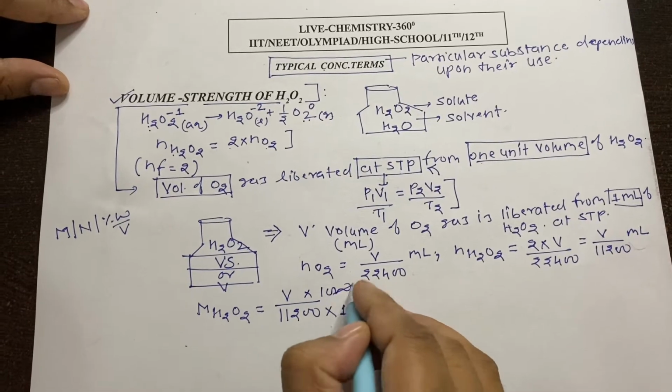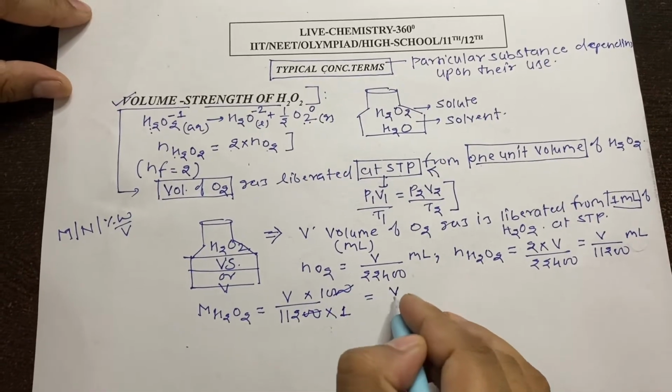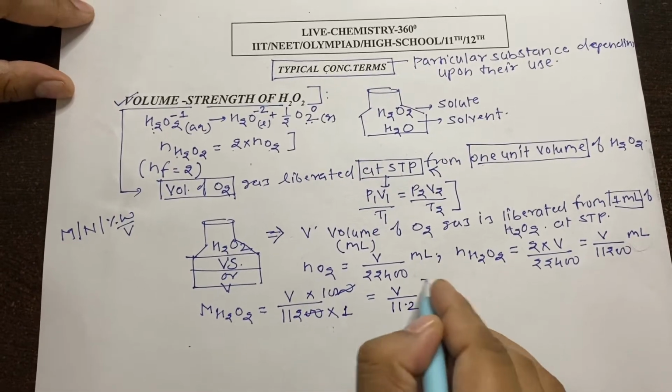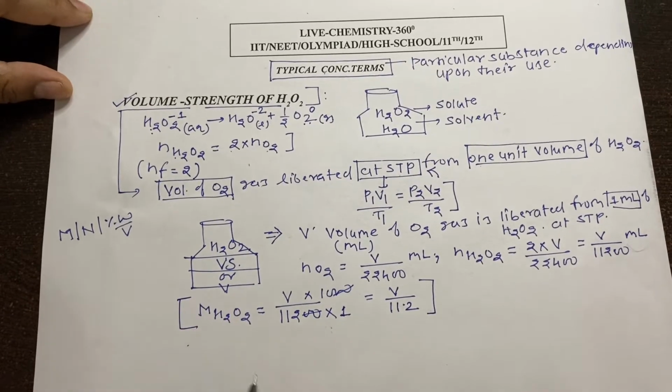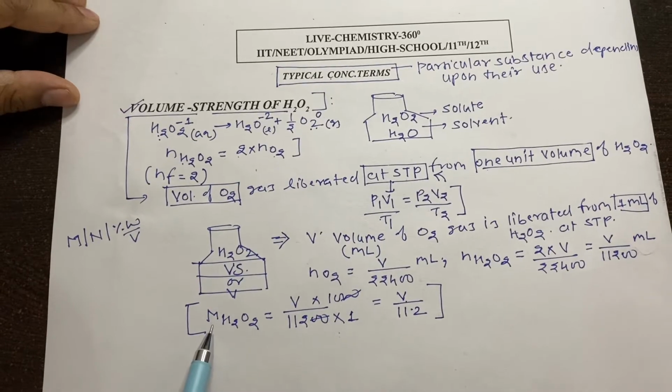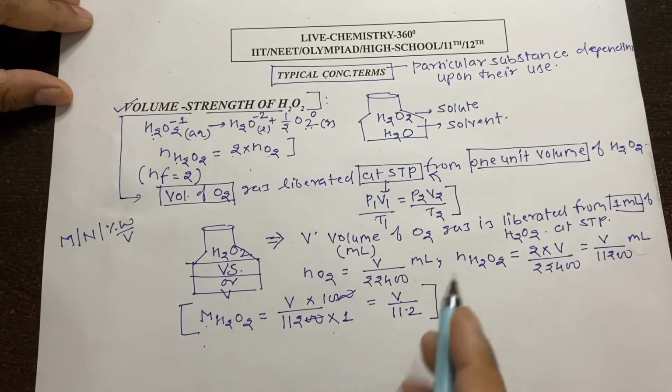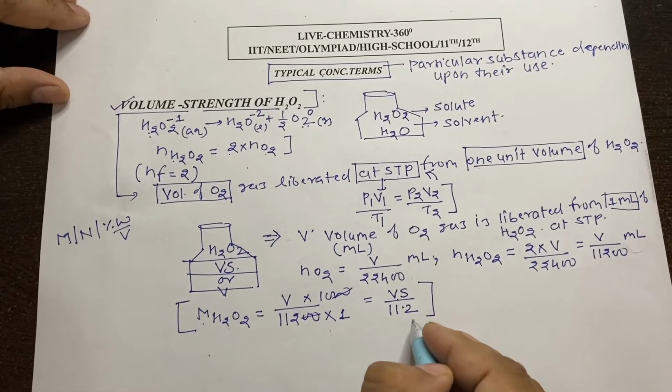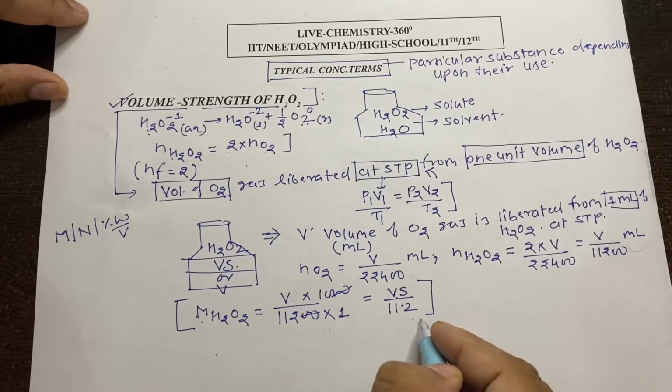On solving, we get V upon 11.2. It is advised to learn this relation directly: molarity of H2O2 equals Vs upon 11.2.